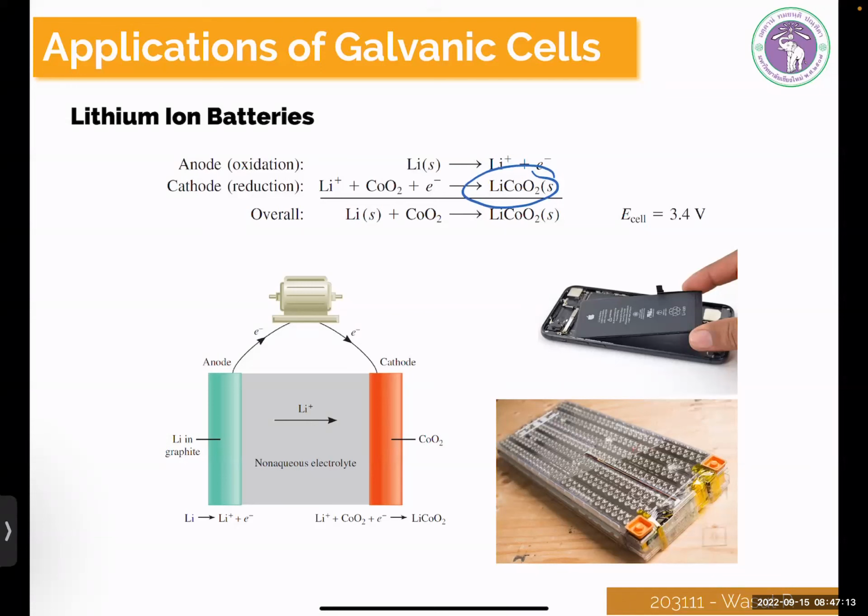And of course, for this type of battery, you can also recharge, right? And the reaction gets reversed as you recharge this battery. Okay, so each cell is 3.4 volts because lithium has one of the most negative potentials among all the elements.